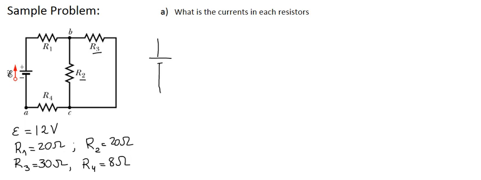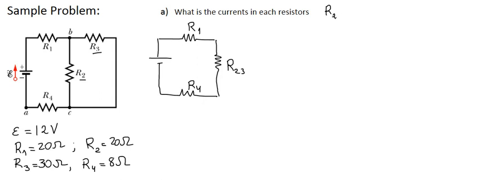We draw a battery. R1 stays the same. R4 here is the same. And R2 and R3, I will change them with their equivalent resistor, which I call R23.